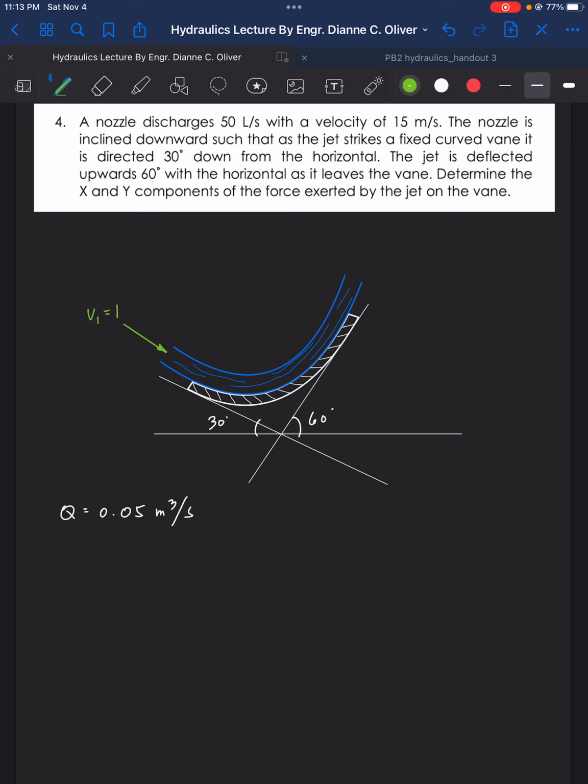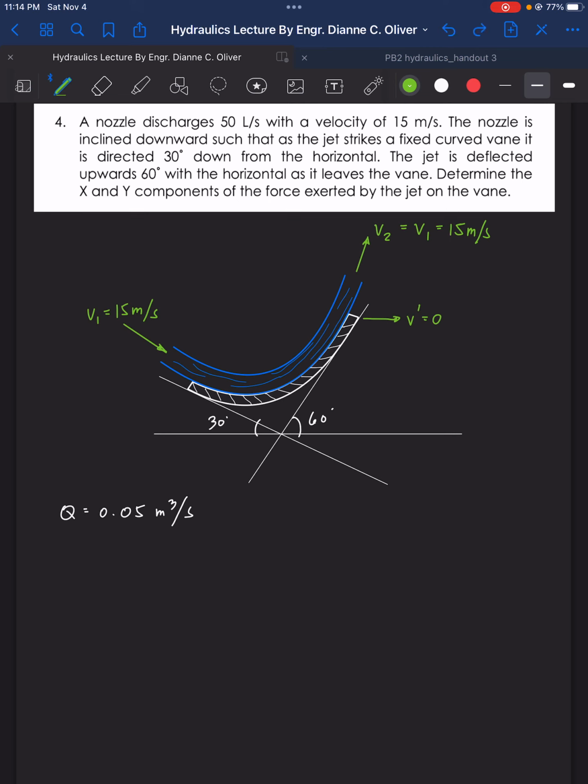V1 equals 15 meter per second. And it leaves 60 degrees. Now, the problem did mention that the vane is fixed. So what happens when the vane velocity V prime here is 0? That means our V2 is equal to V1, when V prime is 0.